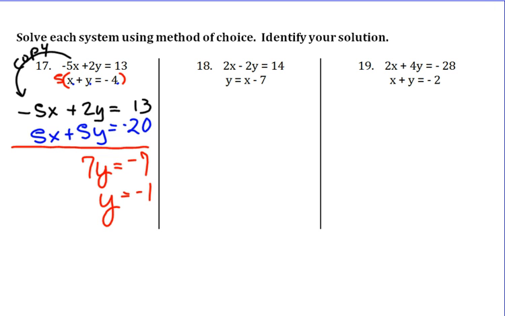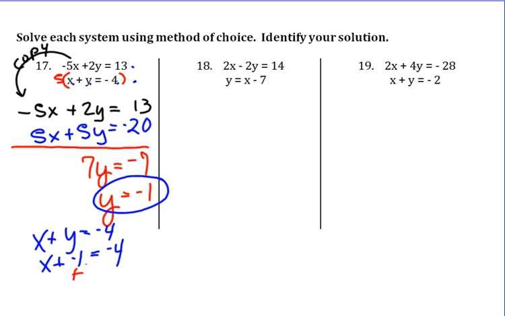Then what you do with that information is you take it back to an original equation. Almost always I'll take it to the first equation, although it'd be even easier to take it to the second equation here. The second equation says x plus y equals negative 4. Well, I know my y is already a negative 1, so it's like x plus a negative 1 equals a negative 4. Another way we could do this is we could add 1 to both sides.